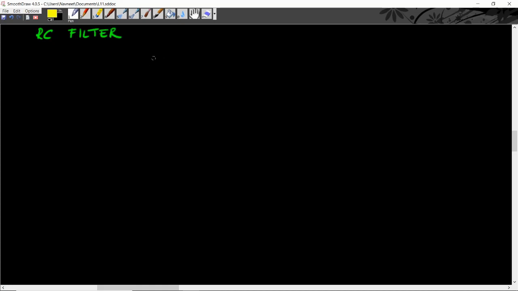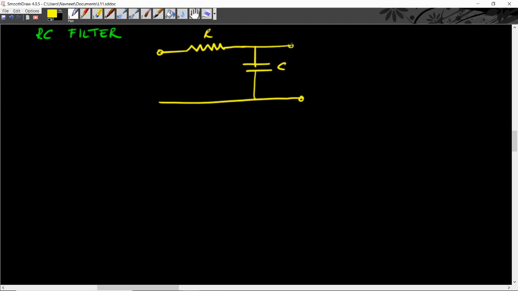So this filter is given by this circuit. So we have a resistor with resistance R and a capacitor with capacitance C. And we consider that the input signal u of t is in terms of voltage, and the output signal is measured as the voltage drop across this capacitor, and that is V of t.